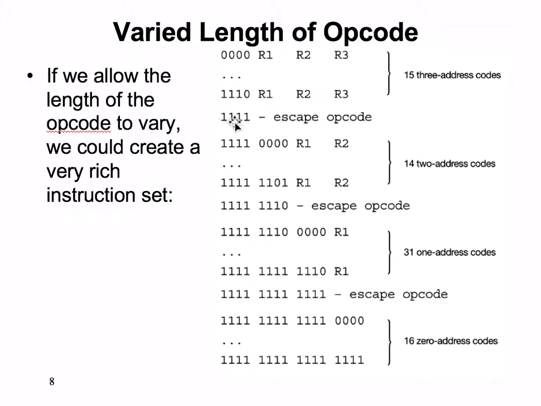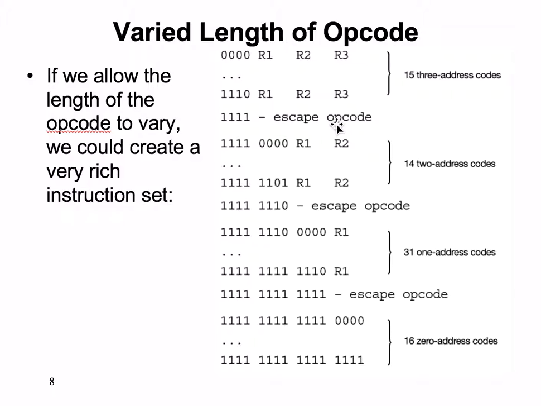So we can see right here that the escape code is 1 1 1 1. The first group you can see goes from 0 0 0 0 to 1 1 1 0. So that's the 15 3-address codes. Each of the 4 bits represents the address of register 1, register 2, and register 3.